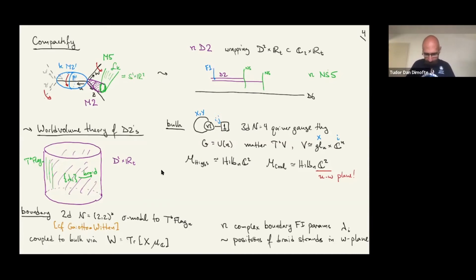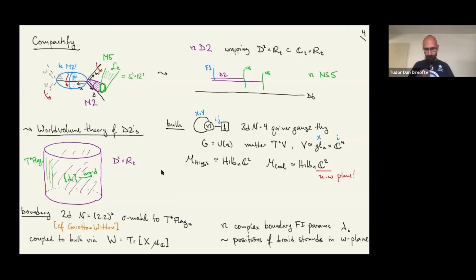Perhaps the most important thing to say about this boundary condition is how it actually encodes this braid. So the braid is coming from the Lagrangian in the conifold, which turns into positions of these NS5 branes after we compactify. These positions become a bunch of complex FI parameters. They are two-dimensional FI parameters on the boundary, and they're literally resolution parameters of this flag manifold that's appearing.